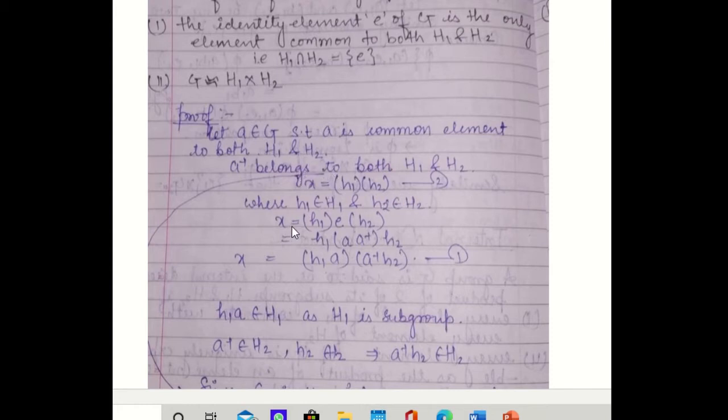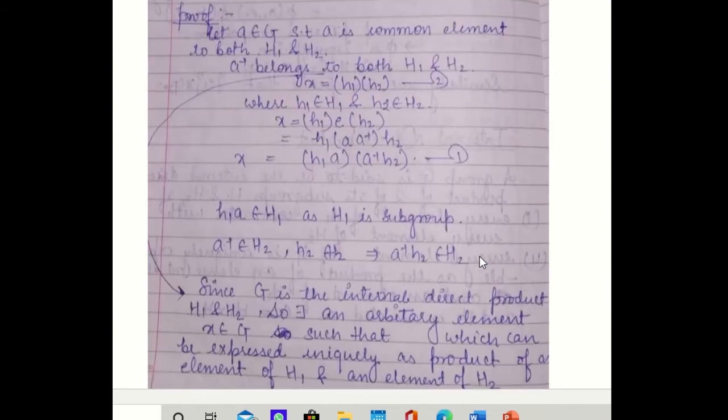So now we can write x equal to h1 E h2, because E is the identity element, so we can insert it like this. Since a inverse is the inverse of a in G, a a inverse equals E, so we replace E by a a inverse, and by associativity we get x equal to h1 a into a inverse h2.